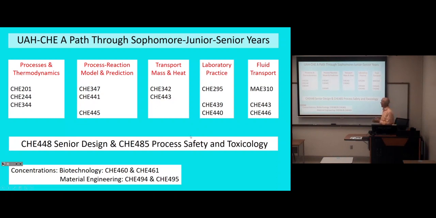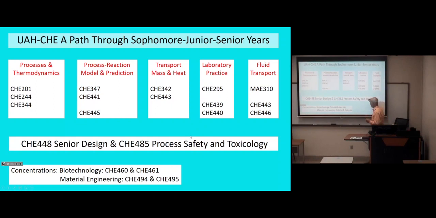Laboratory practice is the nature and properties of materials lab, and then the two unit operation laboratory courses. And in fluids we have mechanical engineering 310, fluids transport, and then chemical engineering 443 and 446.